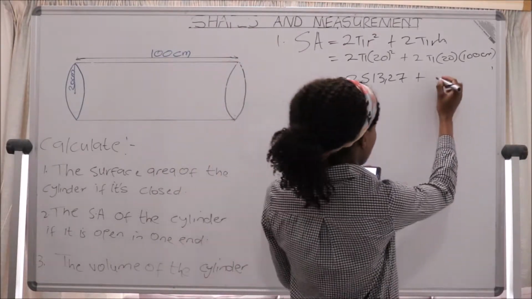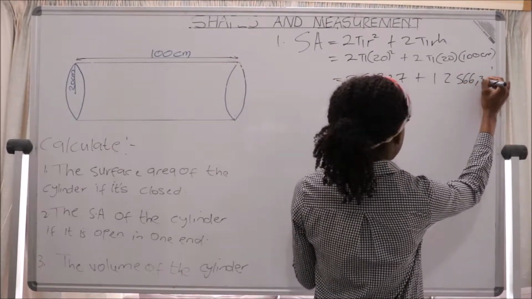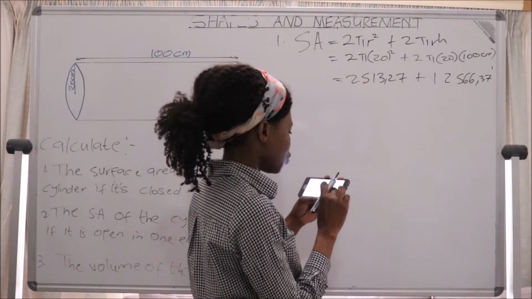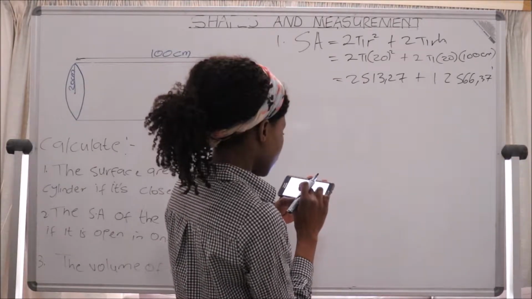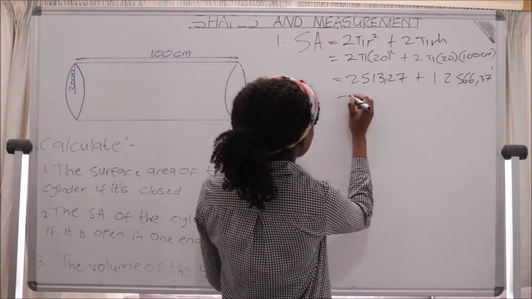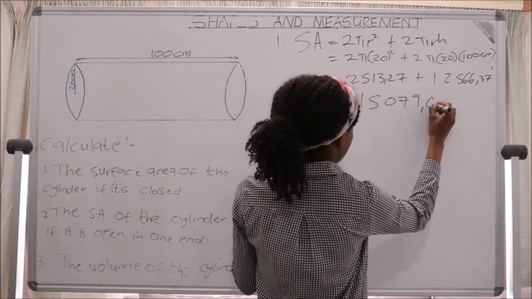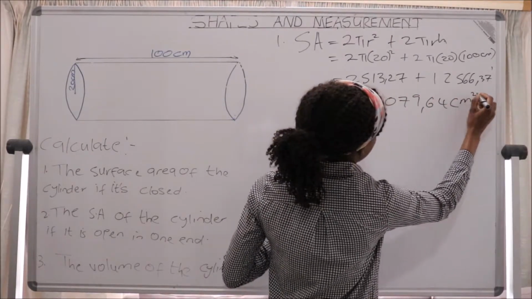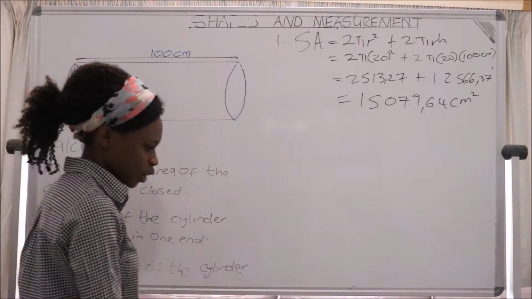That will give us 12,566.37. So adding them up, it will give us 2513.127, which will give us 15,079.64 centimeters squared. So this is the surface area of this whole cylinder if it has been closed in both ends.